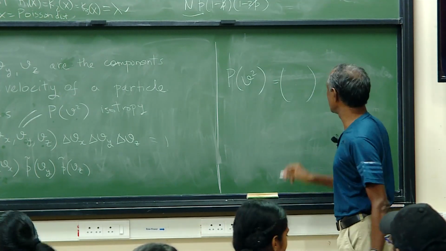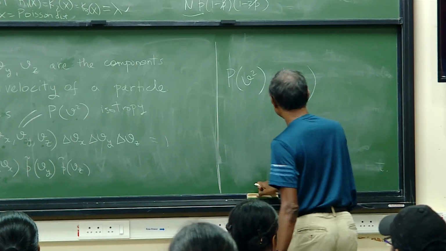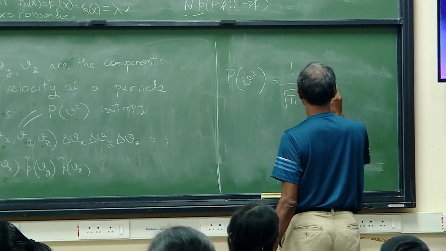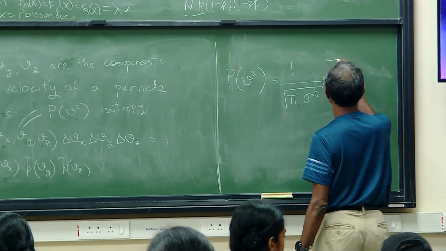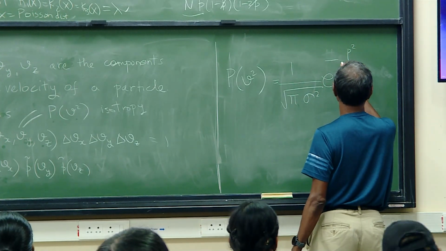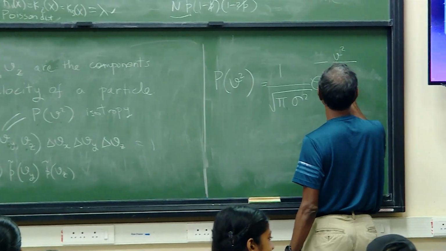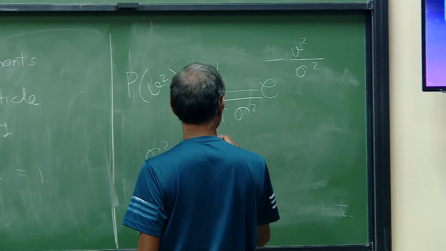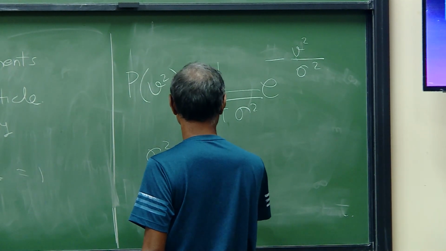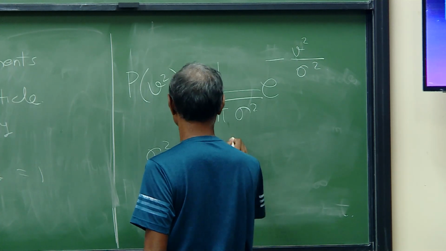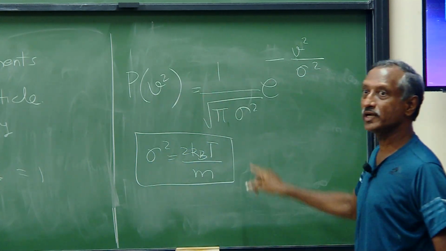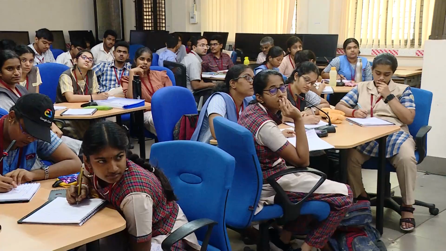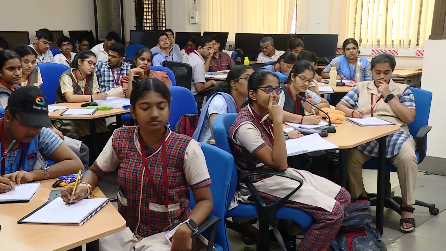Some constant, which I think you know from the last lecture, but I'll write this. So this function is nothing but, first, v squared is Vx squared plus Vy squared plus Vz squared, so it satisfies this property.